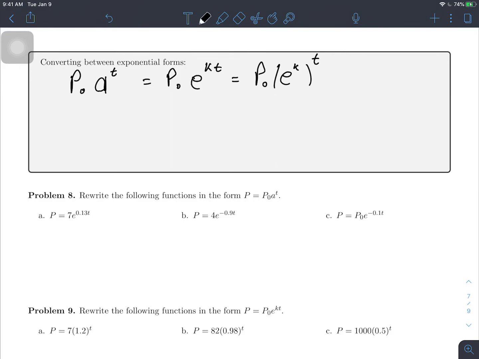So when we look at the first and third forms, it becomes clear that a is going to be equal to e to the power k.